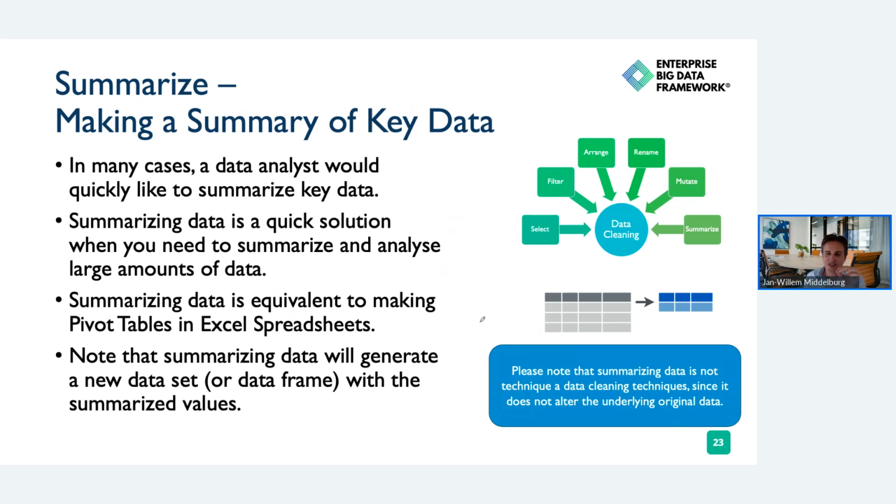In Python, this is a group by operation, and it summarizes data based on a specific category. For instance, suppose that we would like to have summary scores over all the years per country in our data set. Then we can make a summary of these data sets to immediately get an average score per country over all the different years. So that's a very useful operation as well.